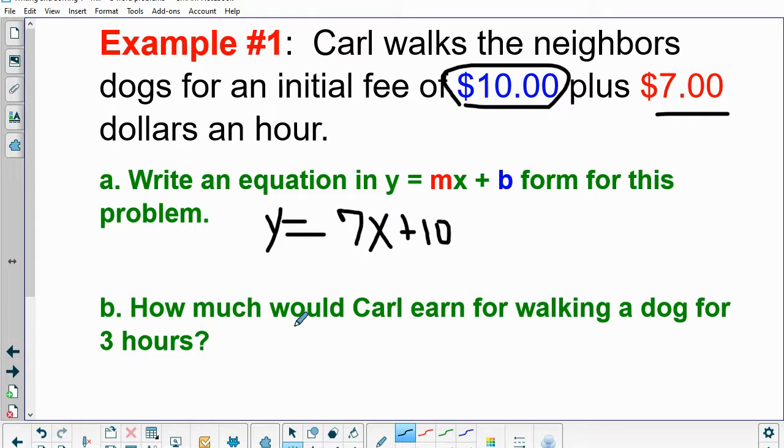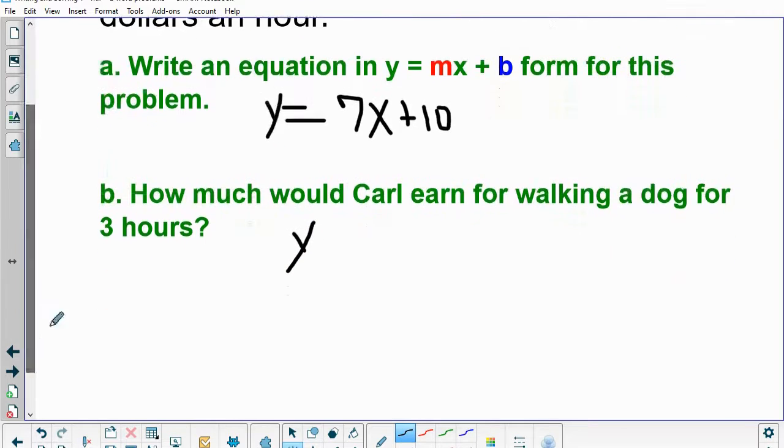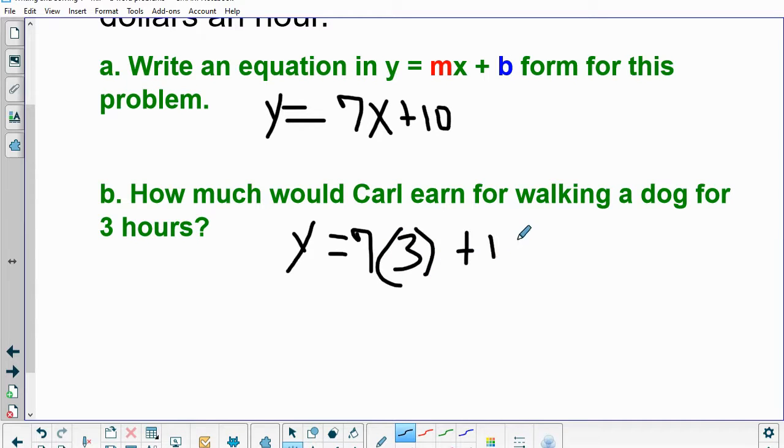How much would Carl earn for walking a dog for 3 hours? When we write down the equation that we have just created using the information that was given, for x we plug in the value of 3, because that's the number of hours that he walks the dogs. And then we have the plus 10 on the end.